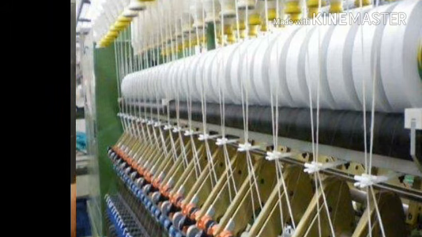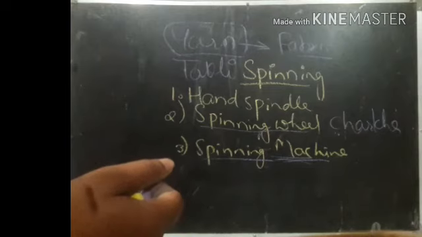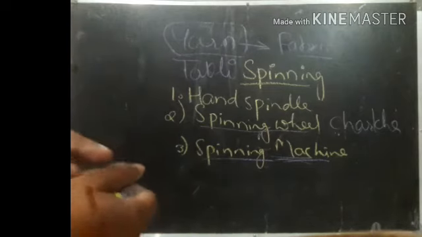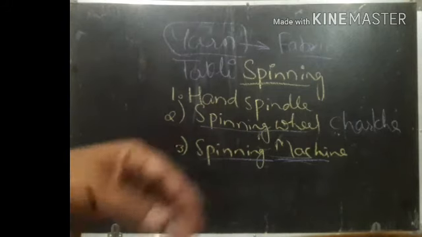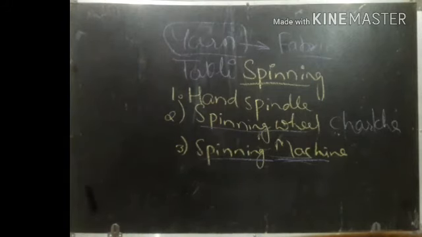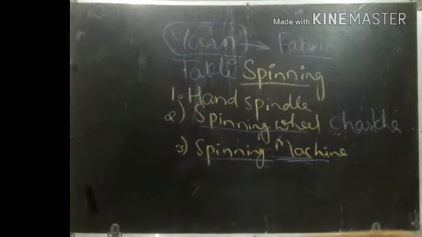In the next session we'll learn the formation of fabric by weaving as well as knitting, and later on we'll learn how wearing cloth evolved, what early man wore and why they needed to wear clothes. We'll discuss this in the further sessions.